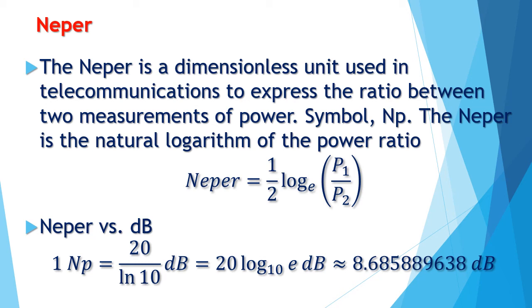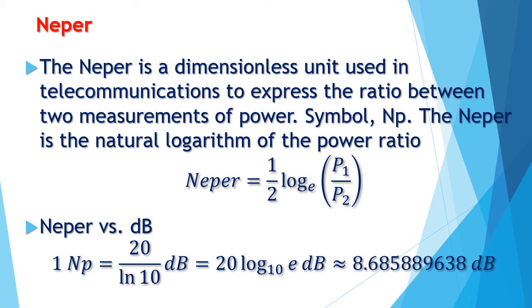So the formula for Neper given two powers is this: Neper is equal to 1/2 times the natural logarithm of P1 divided by P2, in which case P2 is our reference power. We can also convert Neper to decibels and vice versa. 1 Neper is equal to 20 over ln of 10 decibels.